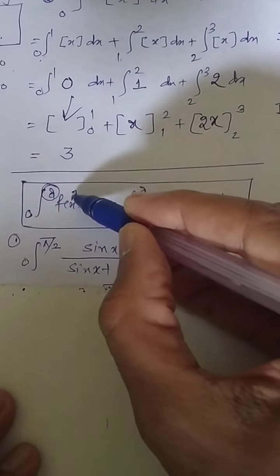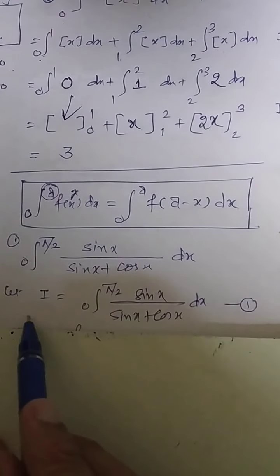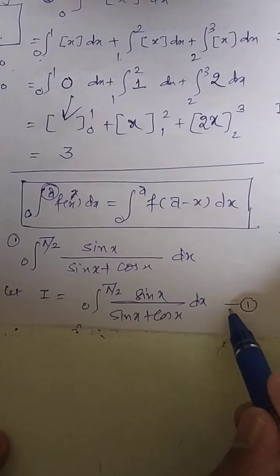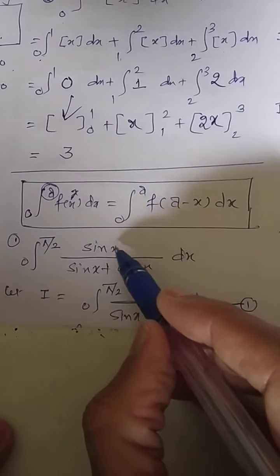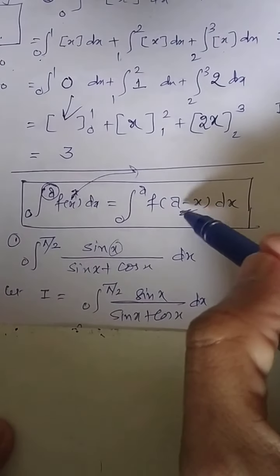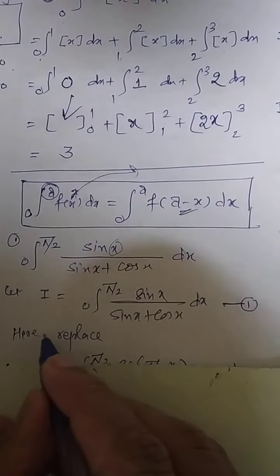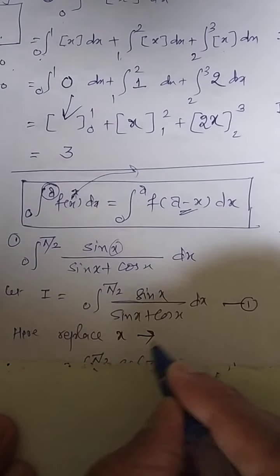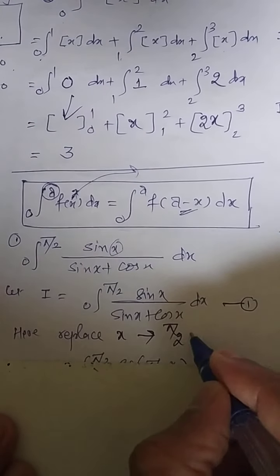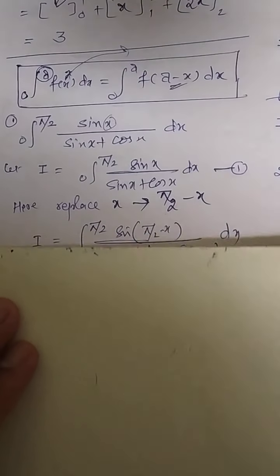The given integral can be written as I, and number it as 1. Now everywhere this x is to be replaced by a minus x. What do you mean by a? a is the upper limit. So here in this question, replace x by pi by 2 minus x. If the upper limit is something else, then you will change accordingly.